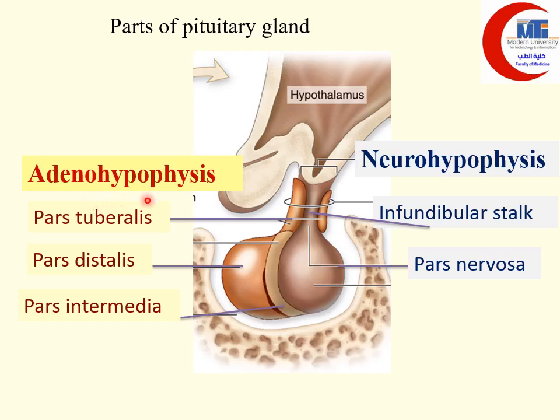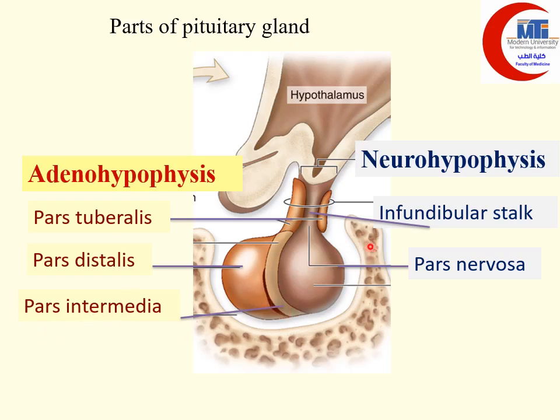And the adenohypophysis is formed from pars distalis, and this part which turns around the infundibular stalk called pars tuberalis, and this part which lies in the middle called the pars intermedia.